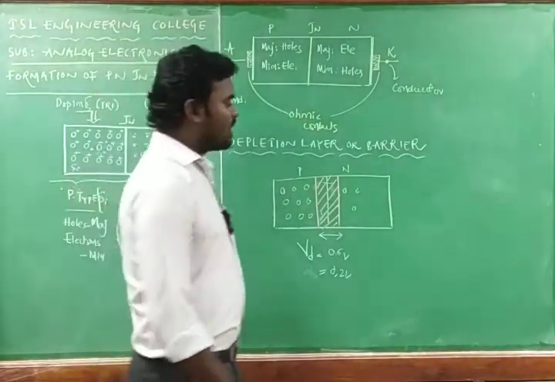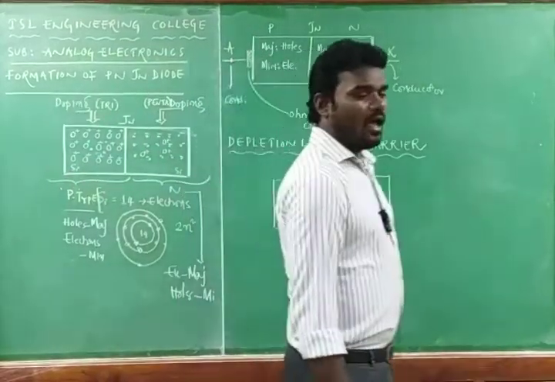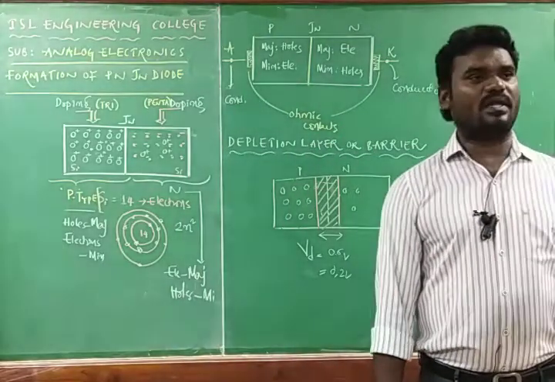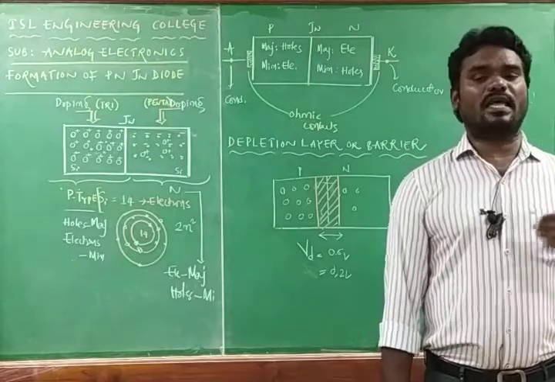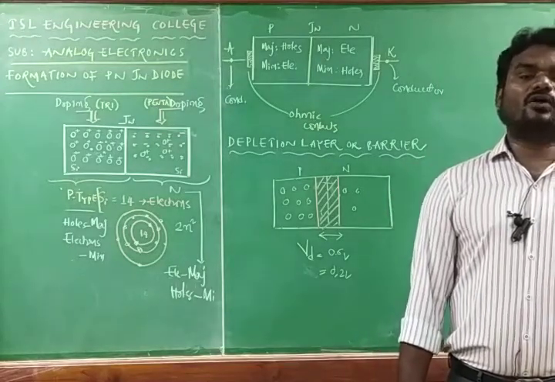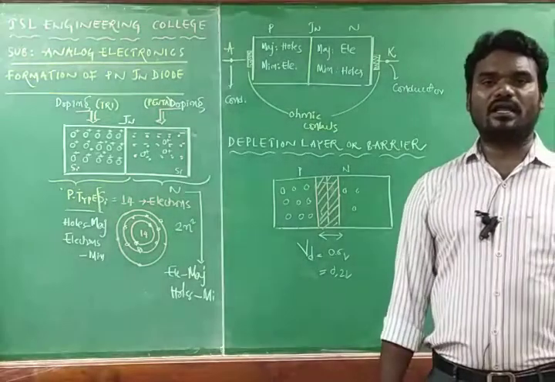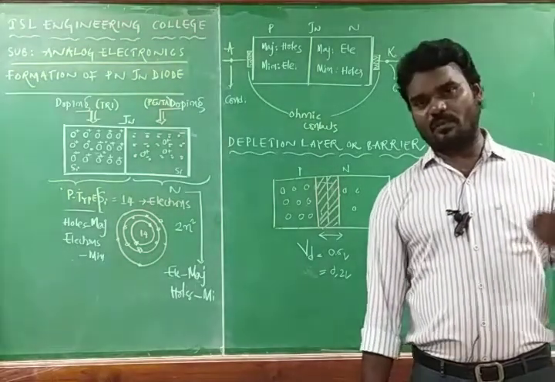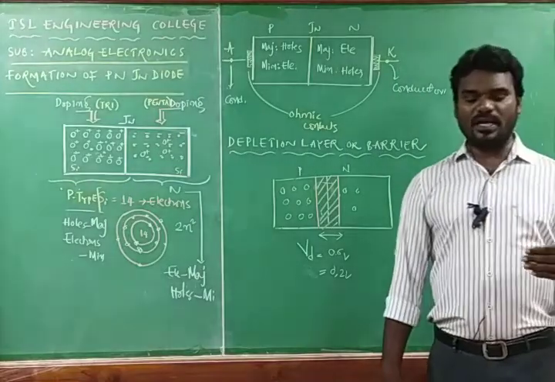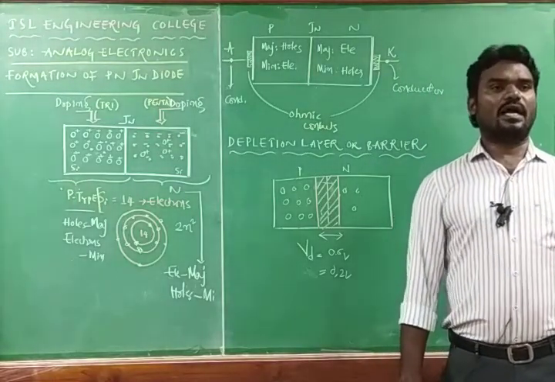Here a very important point is that if we apply a voltage to the PN junction diode that is equal to the barrier potential, then only the PN junction diode is ready for the current conduction. If you are applying less than the barrier potential as the biasing voltage, the PN junction diode is not going to conduct the current.